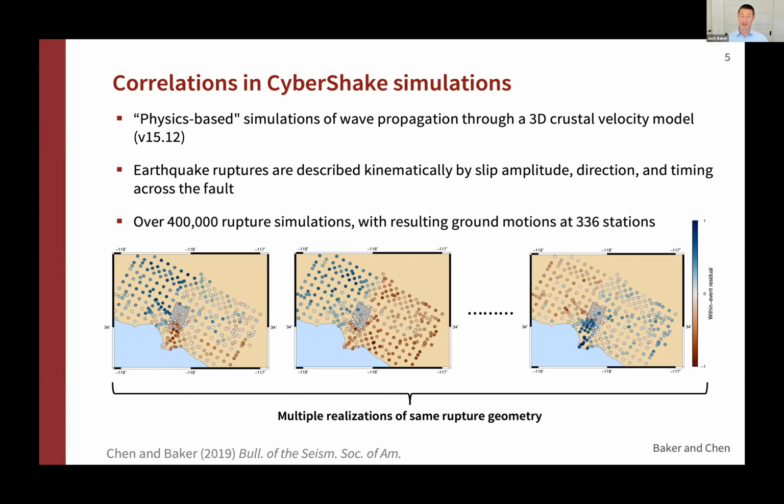We take the average of all those amplitudes as the pseudo mean prediction, and we see how much each simulation varies relative to those mean predictions, and that's what's colored in these maps. So the interesting thing is we have multiple realizations of nominally the same earthquake in terms of the magnitude and distance metrics that we usually use in engineering. And so the question is, what can we do with those?